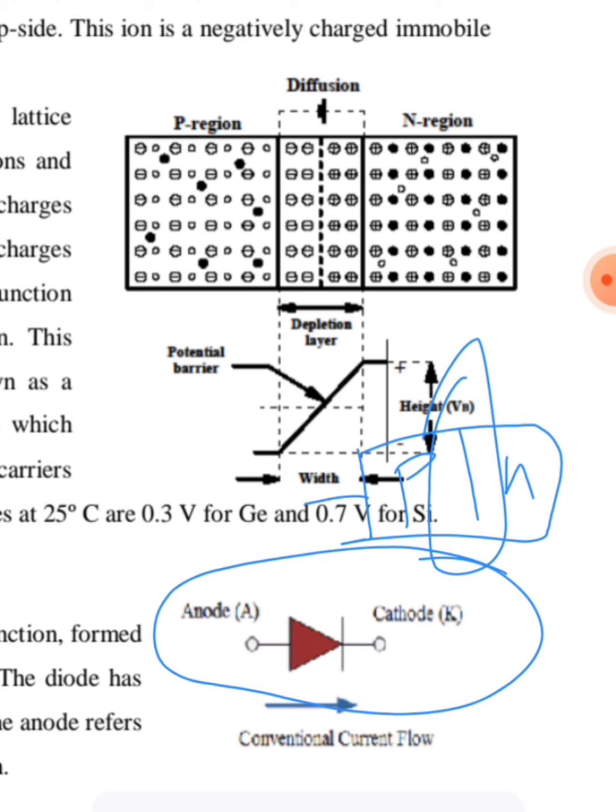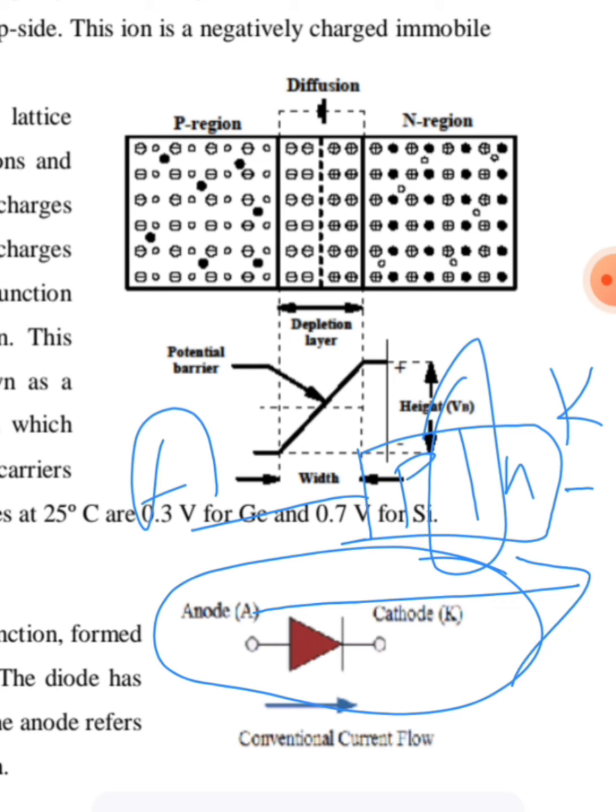There are two terminals in the diode. One is the anode, the other one is the cathode. The terminal connected towards the P layer is called the anode, denoted by A, and the terminal connected towards the N side is called the cathode, denoted by the letter K. The current will always flow from the P layer to the N layer, or from anode to cathode.